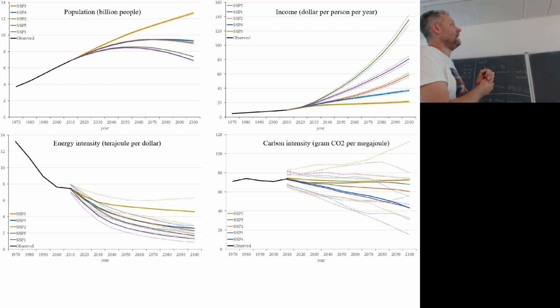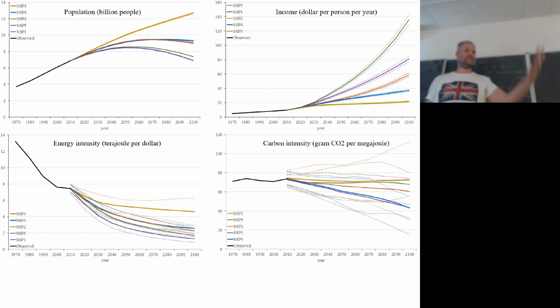So top left, you're looking at population growth, and the middle scenario there says that the world population will stabilize at around 10 billion people. The top scenario says it may go up to 14 billion people.